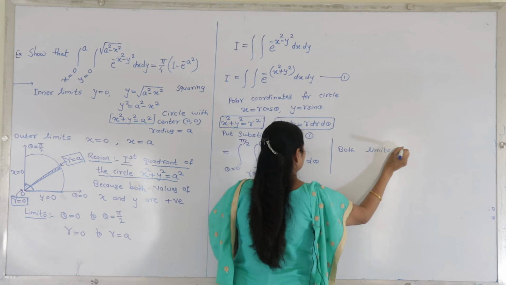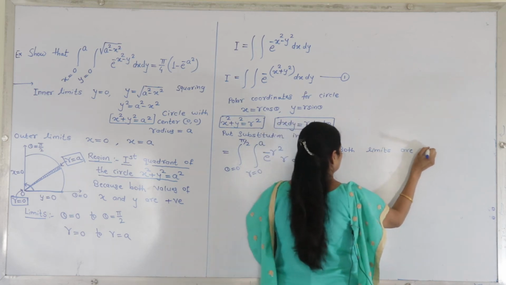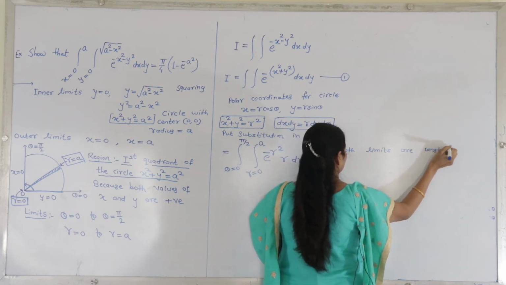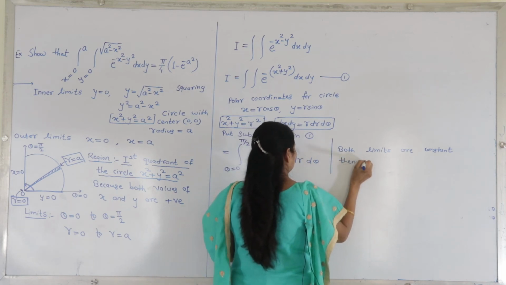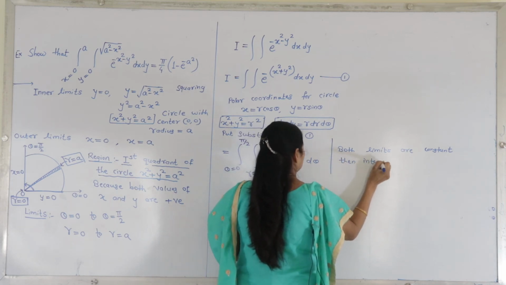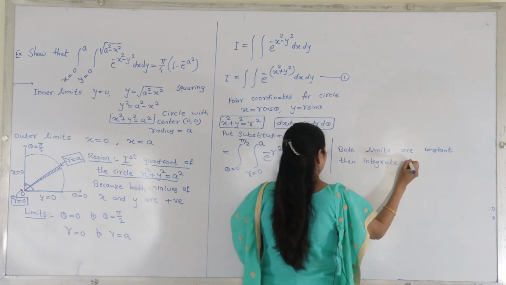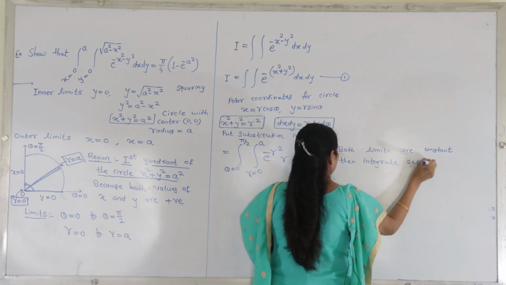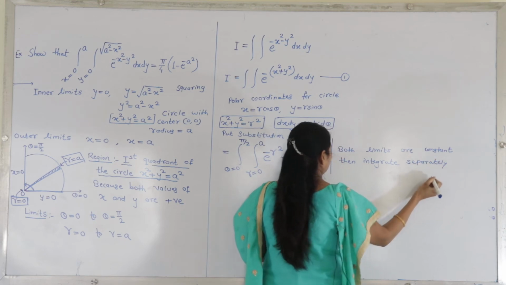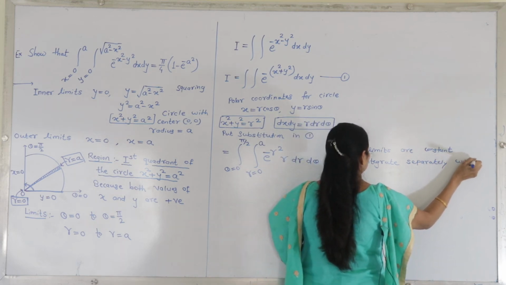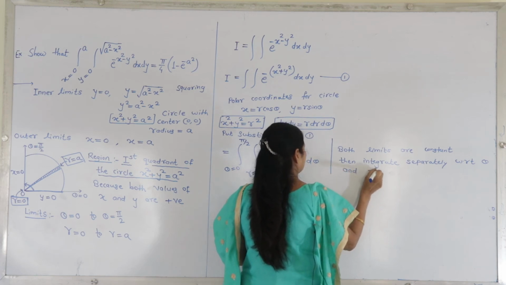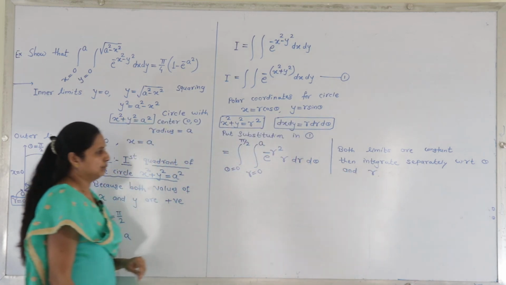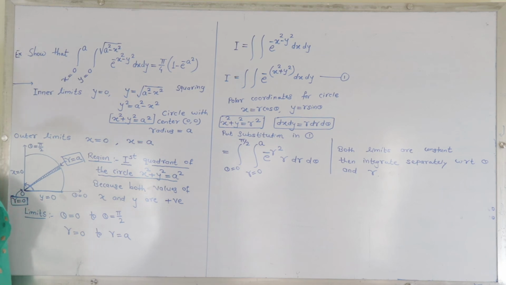Both limits are constant, then integrate separately with respect to theta and r.